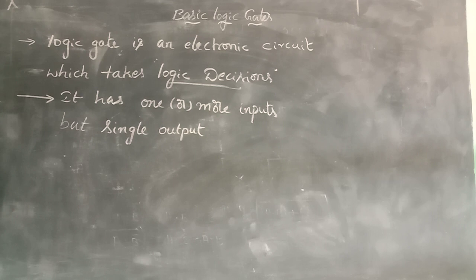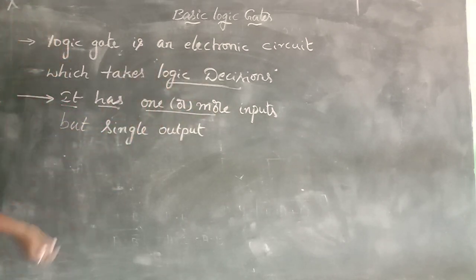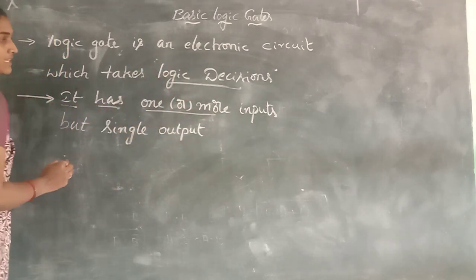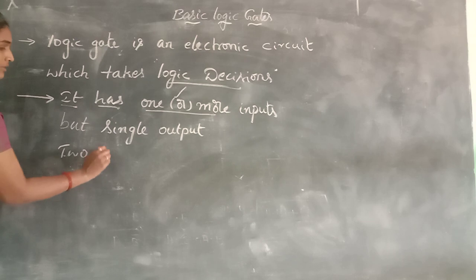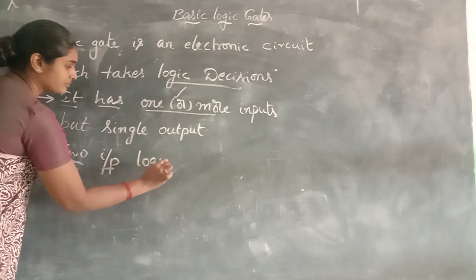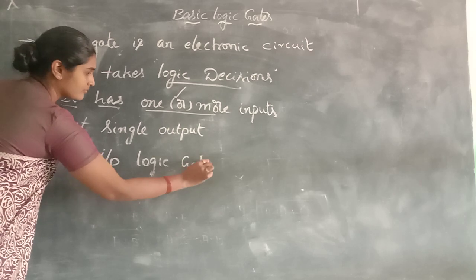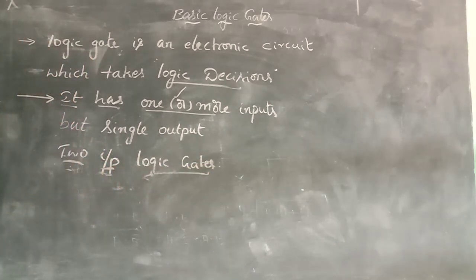The different two input logic gates are the following. Here we already know how many inputs there are for a logic gate: one or more. But we discuss the two input logic gates.